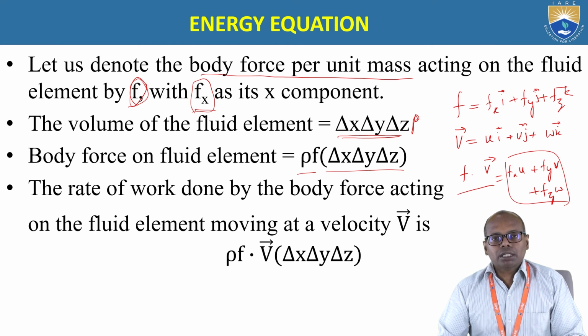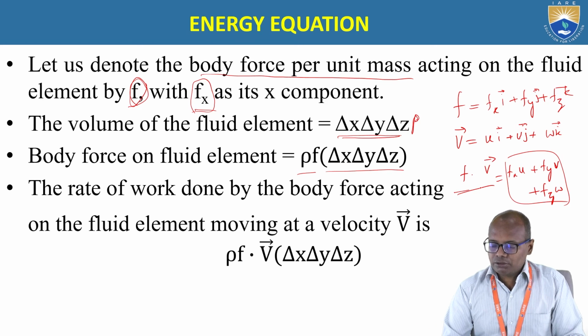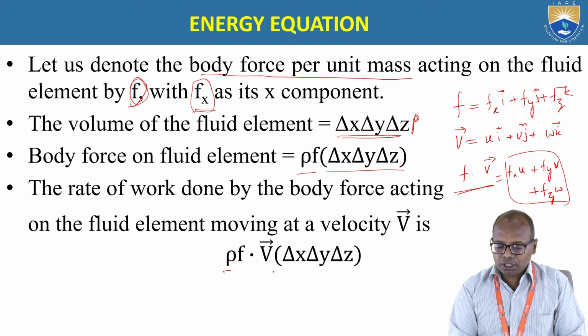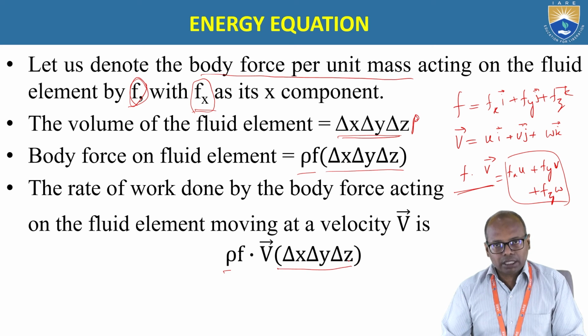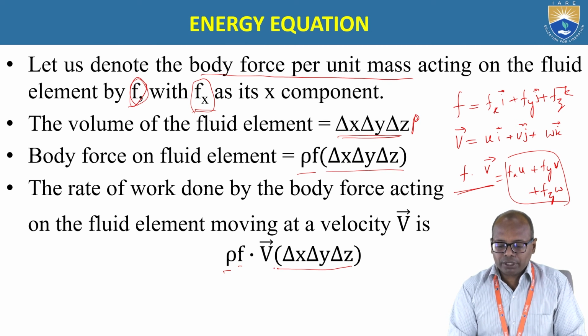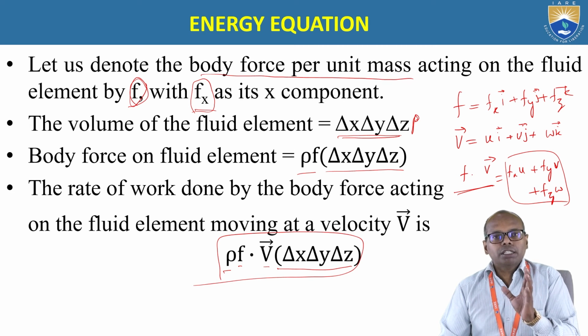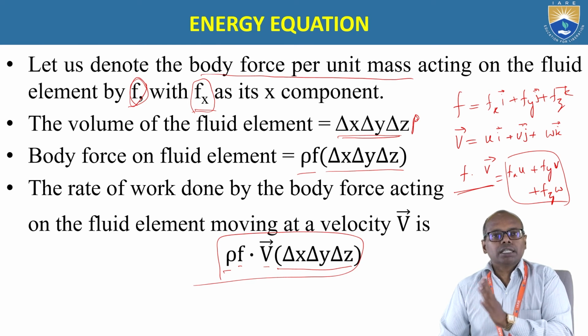Now what is the work done here? Work done, we have already seen, is force into velocity, the dot product of force and velocity. Here rho is a scalar quantity, delta x delta y delta z is a scalar quantity, only F is a vector and v is a vector, so we are taking a dot product between these two. Now this will give the total work done by the body forces in x, y, z direction.